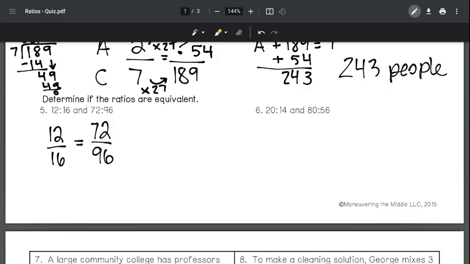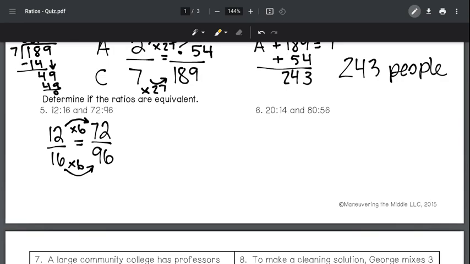So we have to decide if these are equal or not. If they're equal, that means we can multiply the left number times the same thing to get the right number. So I know that 12 times 6 is 72. So if I were to multiply 16 times 6 and get 96, then the ratios are equivalent.